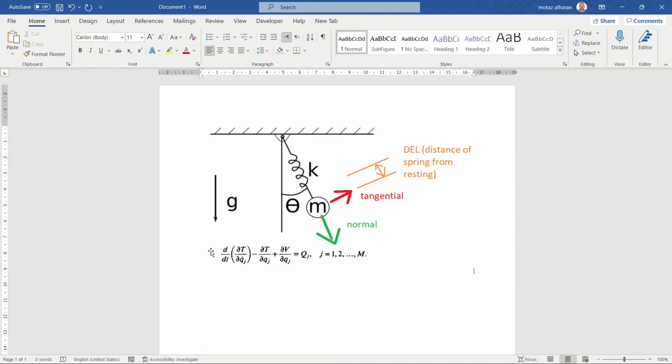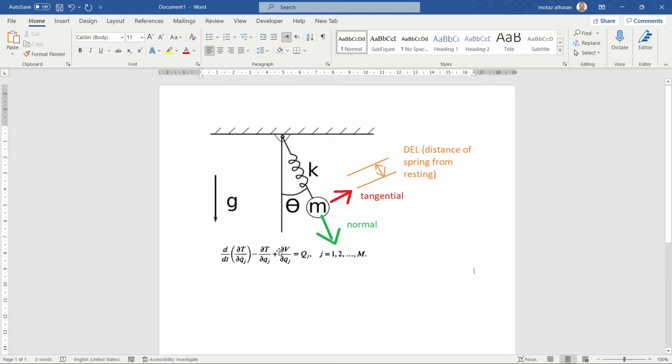The d over dt is just the time derivative of the partial derivative of the kinetic energy with respect to q dot, the time derivative of the generalized coordinate, minus the second term, the partial derivative of kinetic energy with respect to the generalized coordinate, plus the partial derivative of the potential energy with respect to the generalized coordinate, and it will equal 0, which is the right hand side.